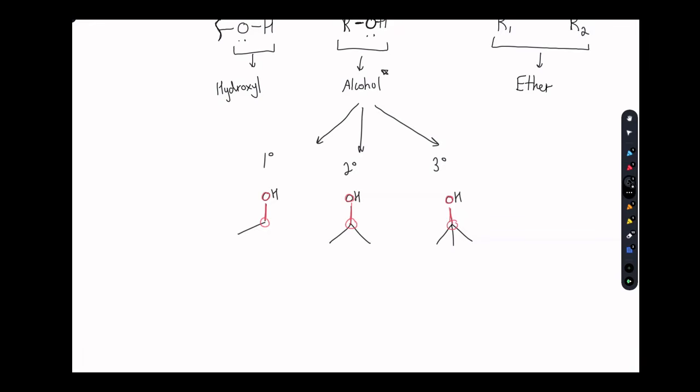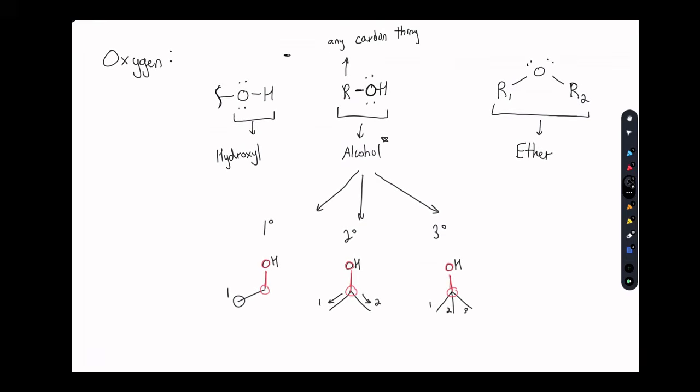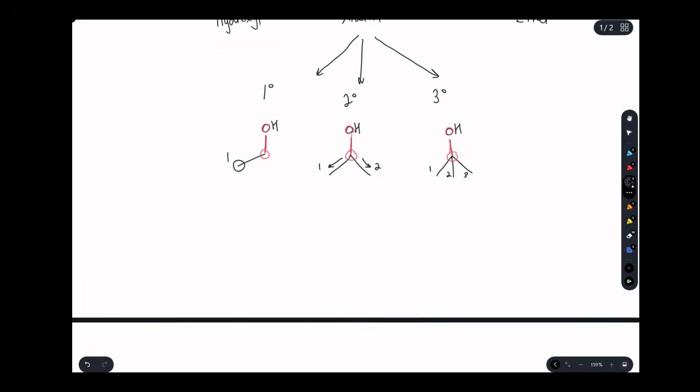In our primary alcohol example, we see that there's only 1 other carbon connected, making it a primary alcohol. Here, we have 2 different things connected, making it secondary, and here we have 3. So be aware that we should be able to talk about these oxygen functional groups with that extra detail. We don't just talk about alcohols as alcohols, we talk about them as primary, secondary, or tertiary.